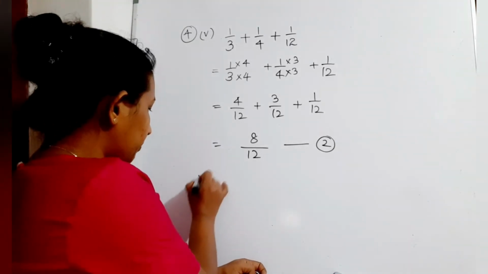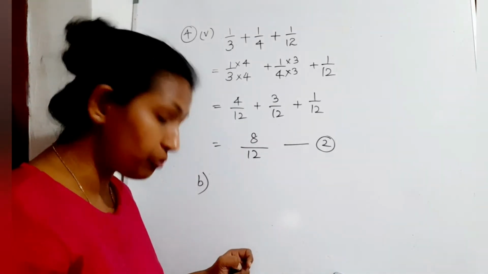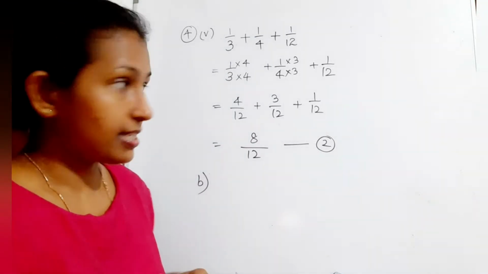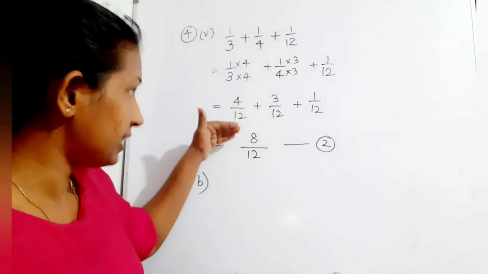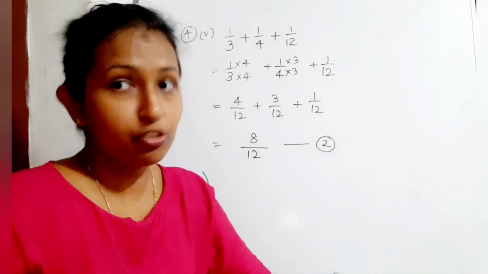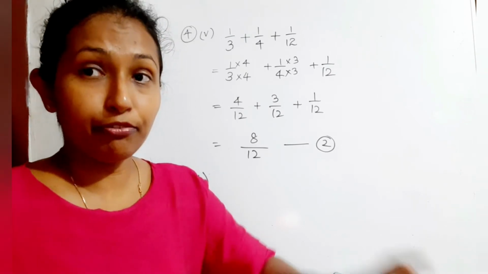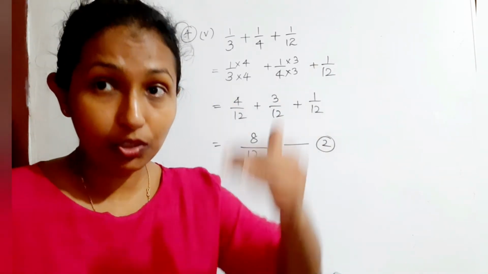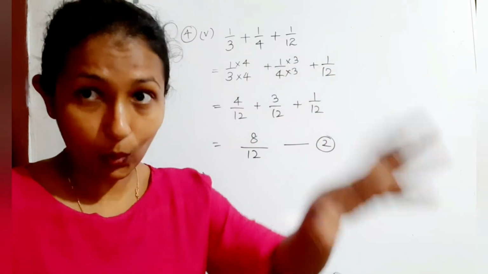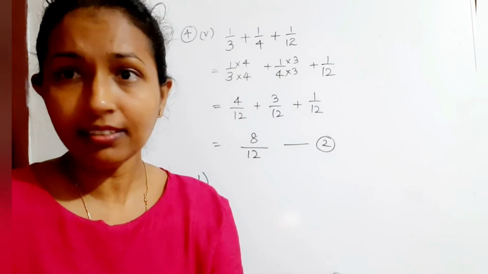Then the part B. Write what fraction is the remainder of the father. Yes, he has distributed 8 over 12 among his children. Then what is the remainder of father? If we consider 12 over 12 as the whole land, 8 over 12 has been distributed among his children.